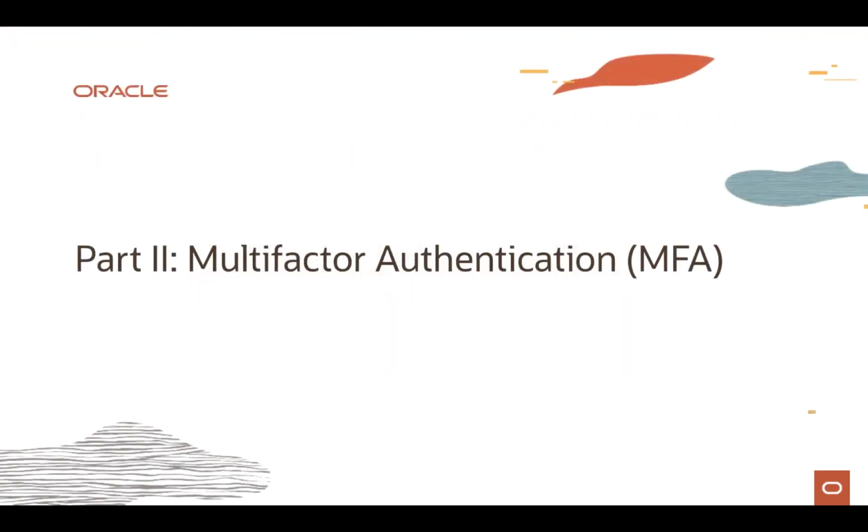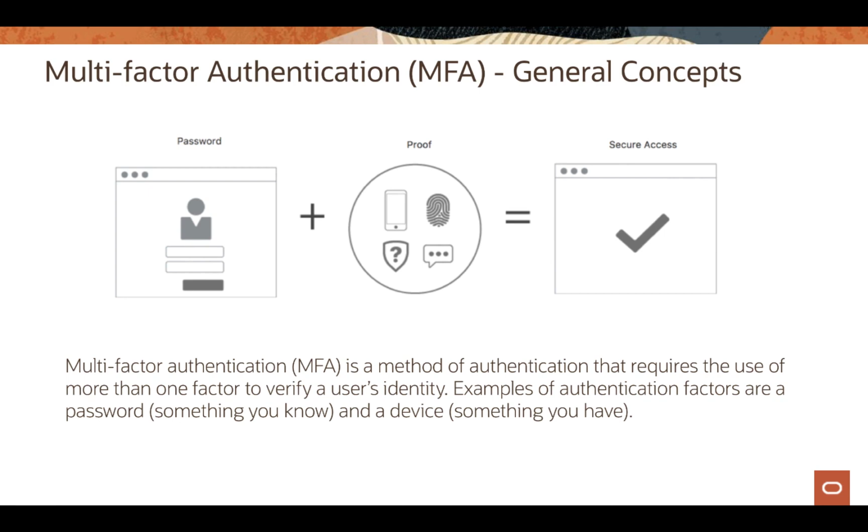We will start part 2 with multi-factor authentication. I think pretty much everyone who's listening or watching this video is familiar with MFA, but the notion of multi-factor authentication is that it requires you to use more than one way to authenticate your identity.